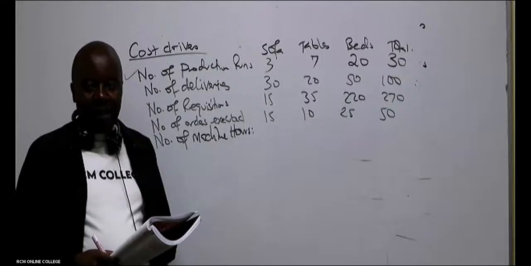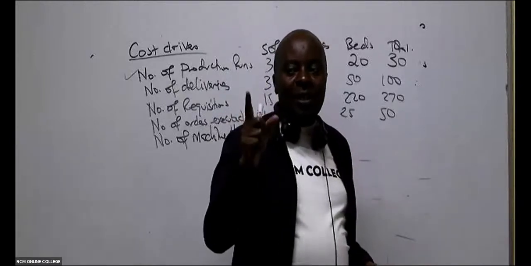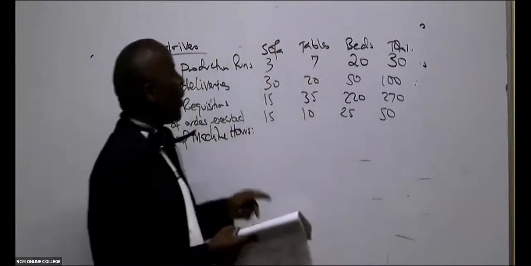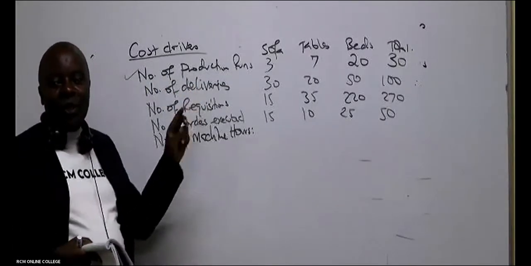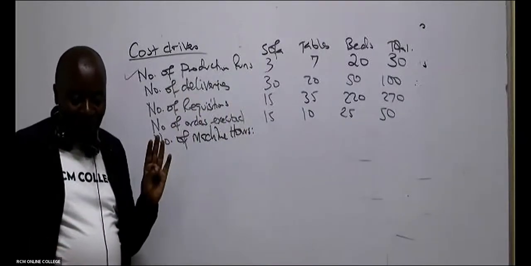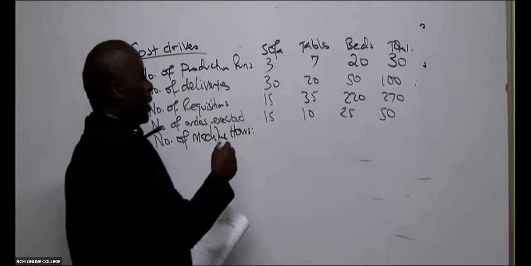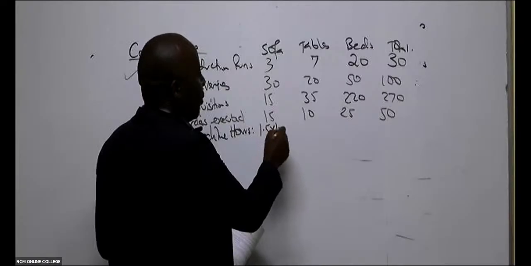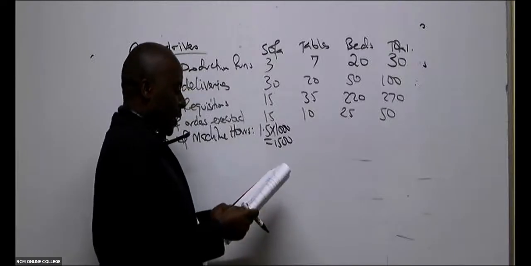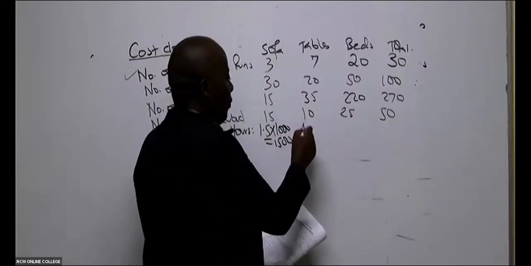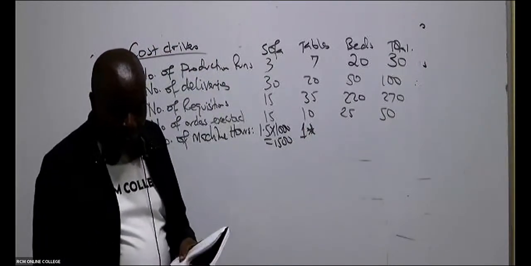When they say machine hours per unit, you must always multiply with the number of units. Don't forget that. These ones I never multiplied because they never gave us a per-unit figure; those are given as lump sums, so I will not multiply them at all. But for the others, like machine hours, I can see 1.5 per unit, so times 1,000, which is 1,500. For tables, machine hours per unit is 1, times how many tables are we going to produce? 2,000, isn't it?